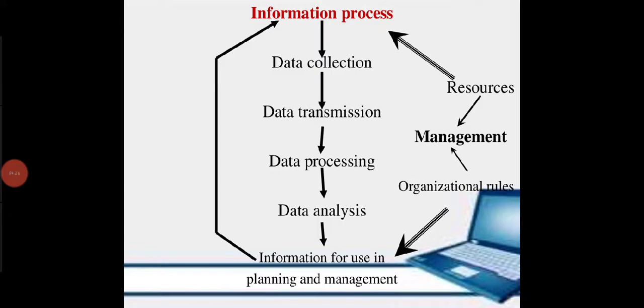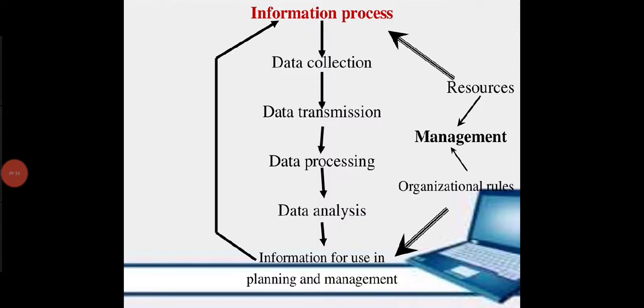How does the process occur? You will collect the data. Okay, that is data collection. You will transmit the data. That is data transmission. Then you will process it in the system and analyze it, and the information is for use in planning and management. Whatever information you got after the analysis, you will use in planning and management in the hospital. Okay?